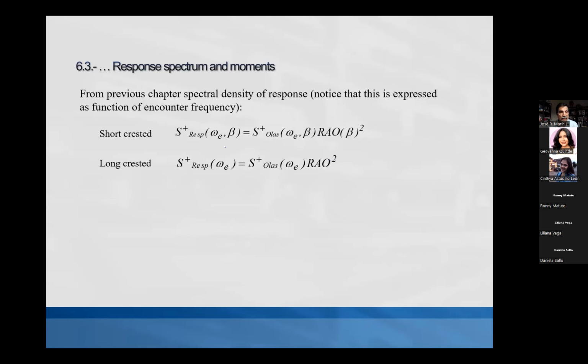If you analyze with the short-crested sea, you have to include this beta, and you have to remember that if you receive waves from different directions, the response of the ship, that is the RAO, changes with direction. With a single direction, you calculate the RAO in that direction and all the energy is in that one direction.